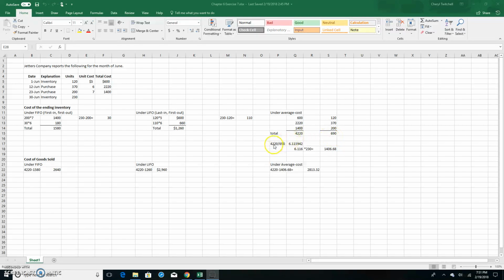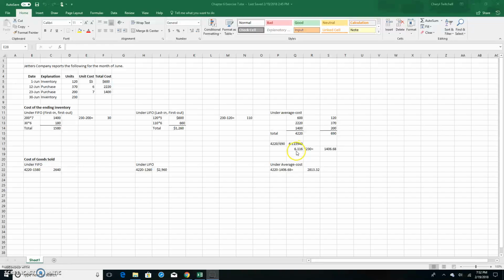From there we do the weighted average for these. So it's 4,220 divided by 690. And that gives us $6.115942, and they ask us in the directions to round average unit cost to 3 decimal places.